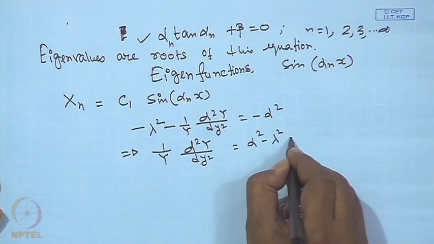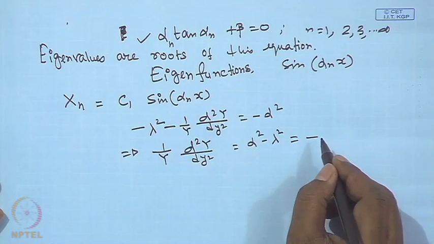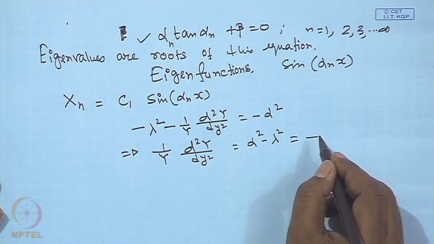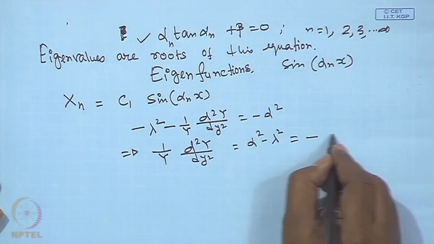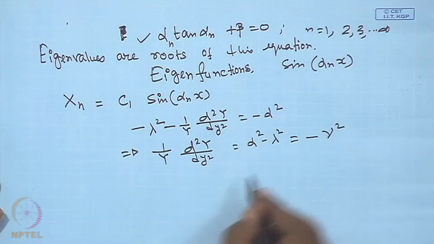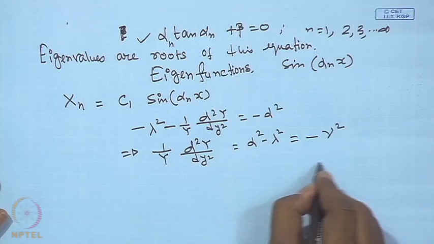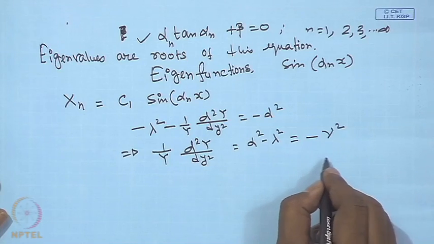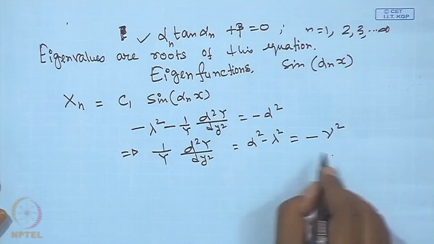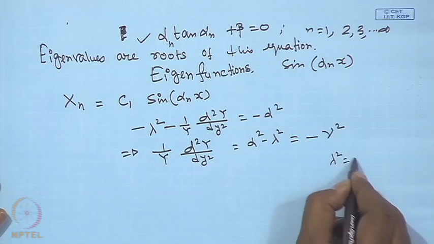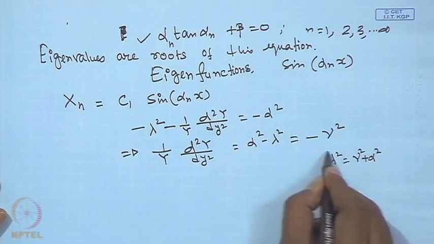So, this constant has to be a negative constant. So, let us say this negative constant is minus nu square. So, we can get an expression of lambda square, which will be nothing but nu square plus alpha square.